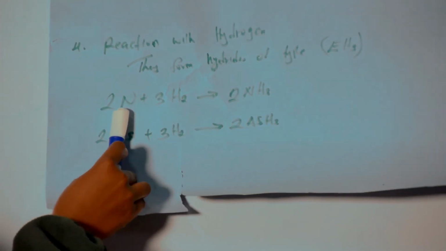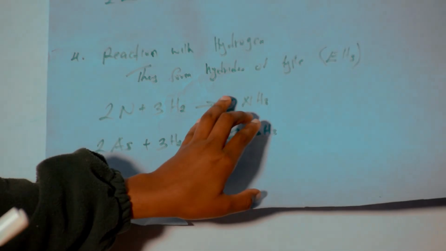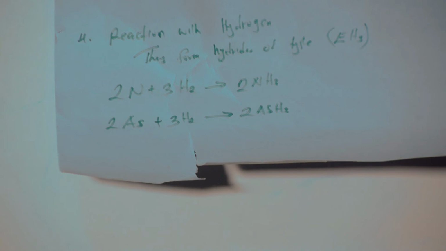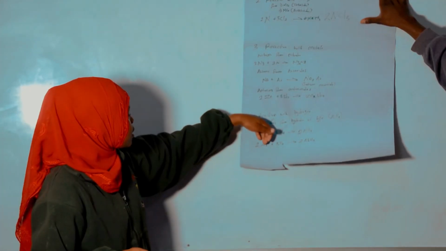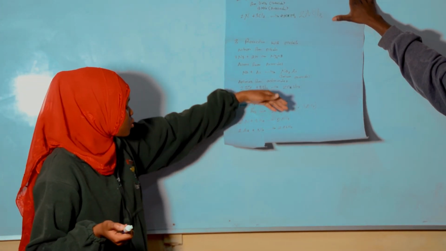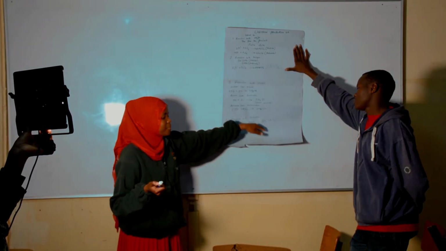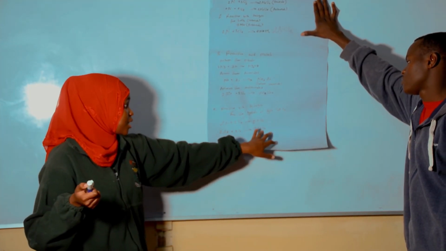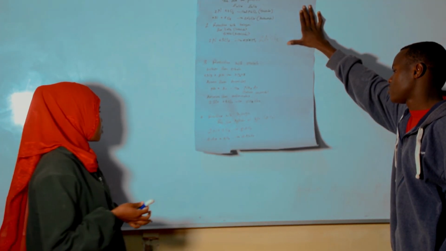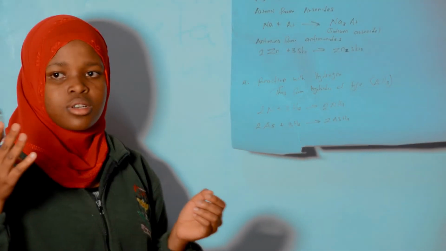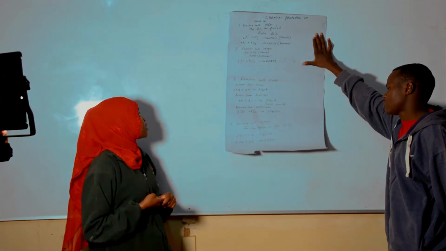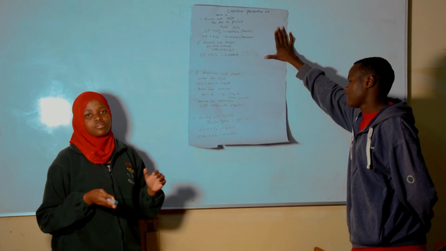An example is nitrogen reacting with hydrogen to form ammonia, and arsenic reacting with hydrogen to form arsine. The other elements, for example phosphorus, form phosphine. That's it for chemical properties of group 15 elements.